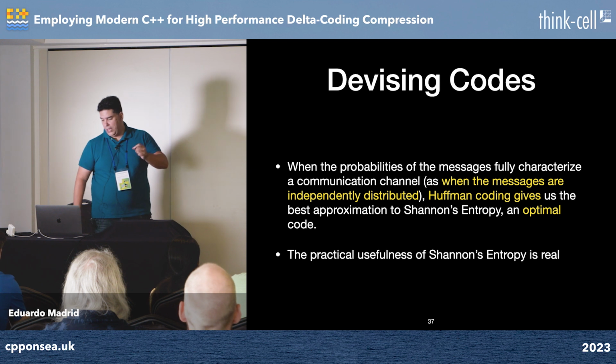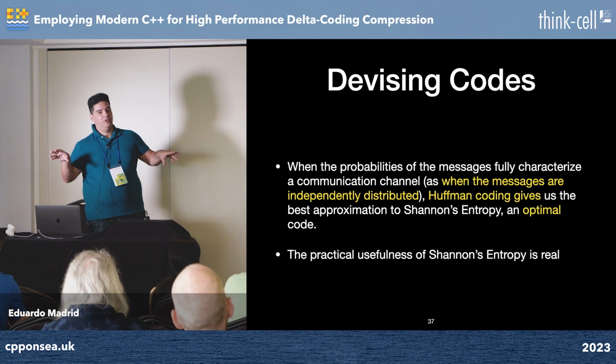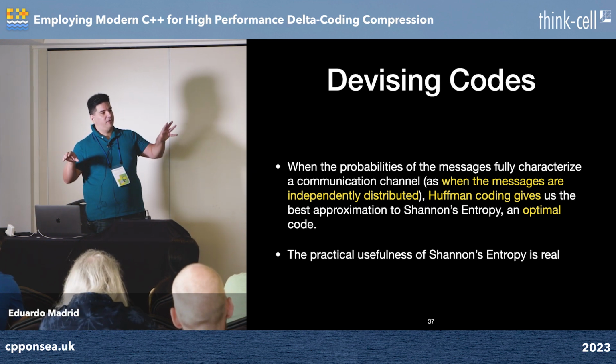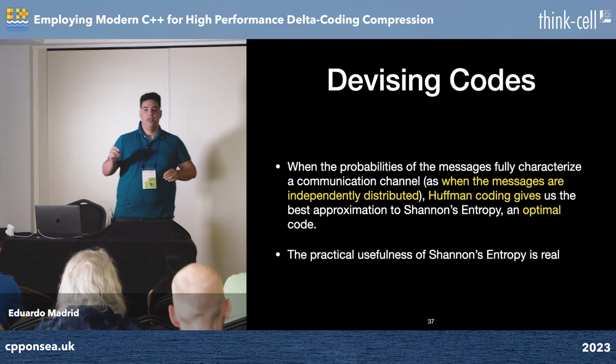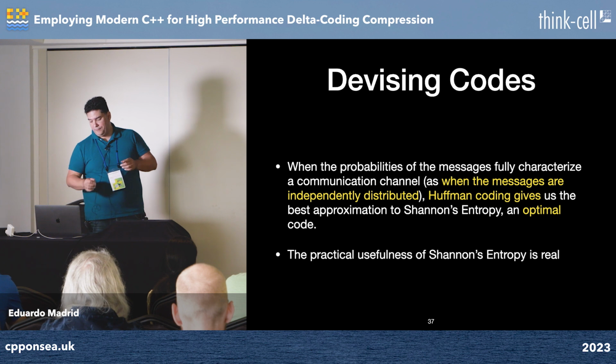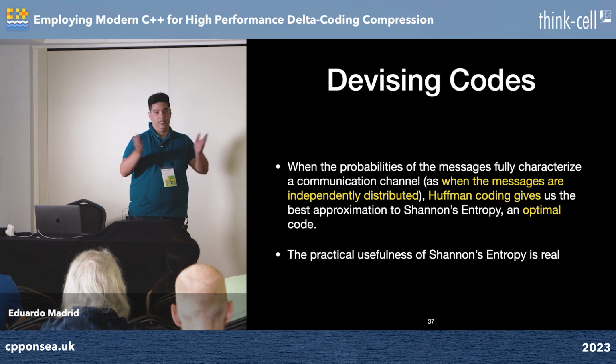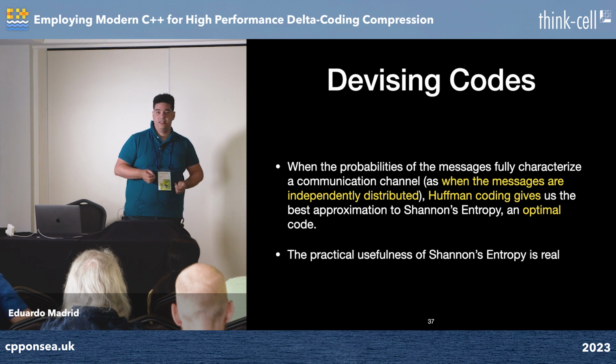Furthermore, when the messages are independently distributed, like the occurrence of a message has no incidence on the occurrence of other messages, then that's all there is to know about the communication channel: the probabilities of the messages.